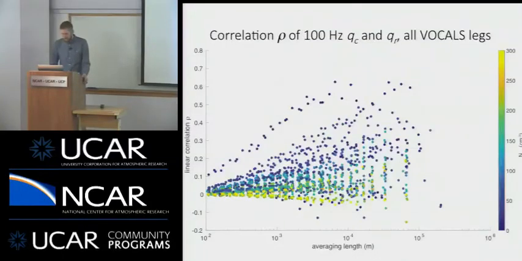But if we look at all the VOCALS legs, and we color code them by the cloud drop number concentration, we start to see a pattern emerging, where the lowest drop concentration legs tend to have very large correlations, and the highest concentration legs have the lowest correlations.